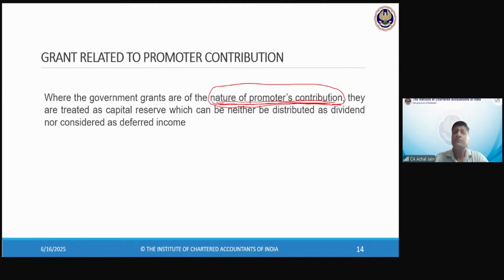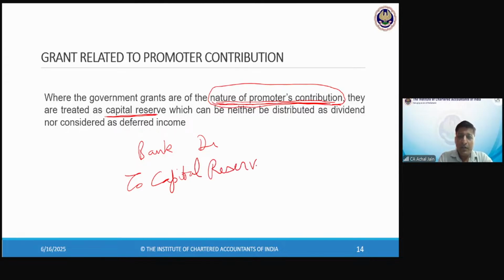Then what do you do? Then the accounting requirement is very simple. Take it to capital reserve. So what is going to be the accounting entry? Bank debit to capital reserve. So where do you show it in the P&L? Nowhere.